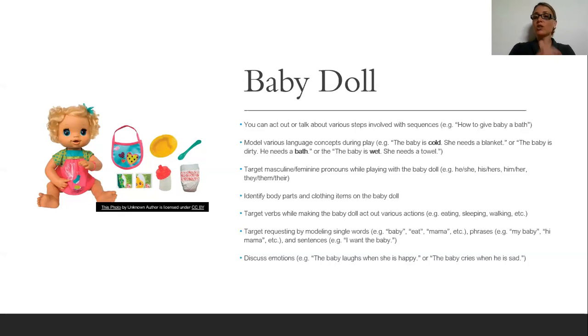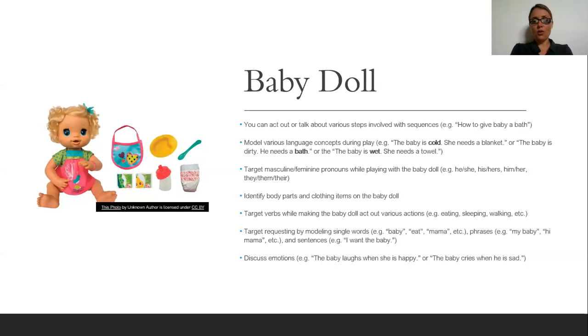And then also working on identifying those body parts and clothing items on the baby doll will be helpful for those younger kids who are not quite sure or haven't mastered that yet. And actions and verbs, you can make the baby do various things and have the child respond like, what is she doing? She is eating food, to get those ing verbs.